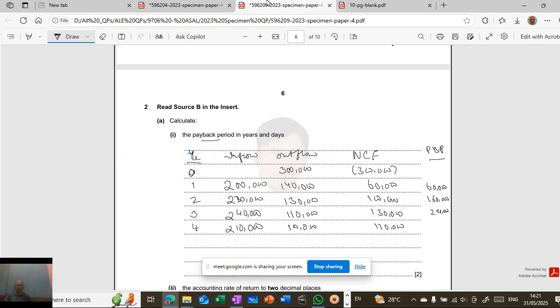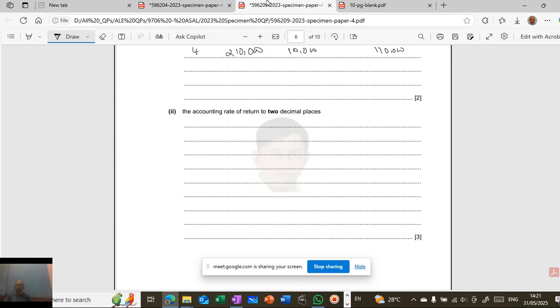Okay, so then how do we calculate? 10,000. So 1 lakh 10,000 divided by 110,000, into 12. That will be 1 more, sir.